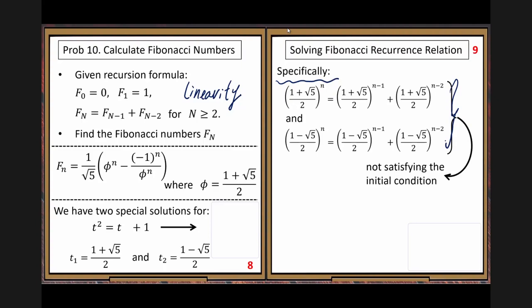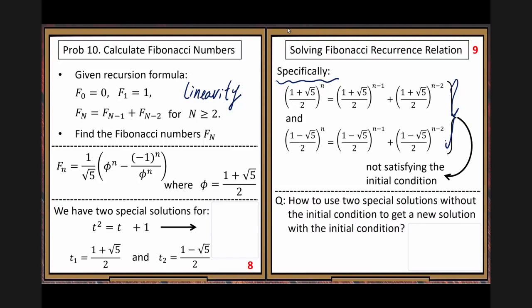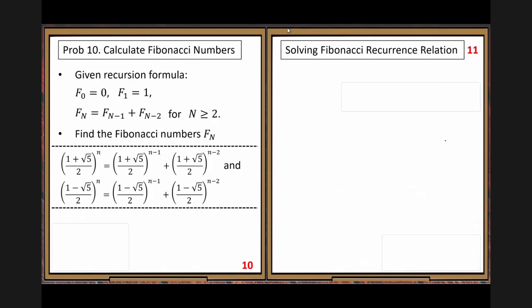So let's continue. We need some special technique to help us construct a new solution that has a chance to satisfy the initial condition. Now, a new concept.